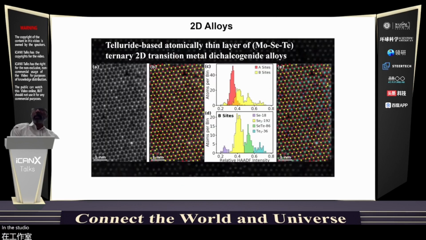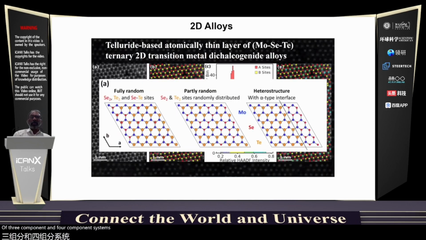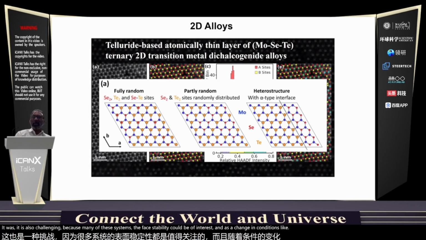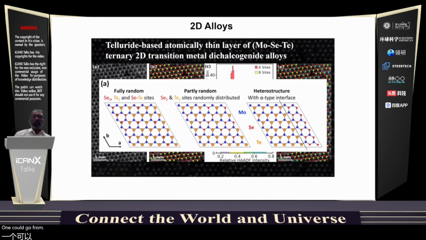And ultimately, we have been able to create these 2D alloys of 3-component and 4-component systems. But of course, it is also challenging because in many of these systems, the phase stability could be of interest. As you change conditions like temperature, one can go from a fully random alloy to a completely segregated heterostructure.